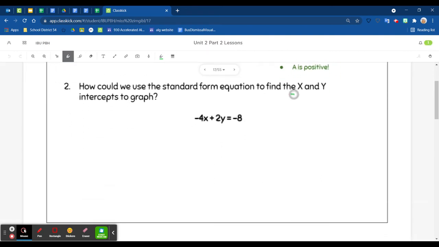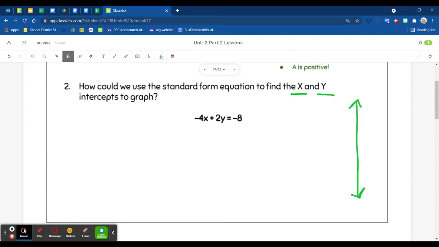The other thing we can do is find x and y intercepts to graph. When I find my y-intercept, I know that it's where I cross the y-axis, and when I cross the y-axis, my x equals 0. Well, the same is true for the x-intercept. The x-intercept is where we cross over the x-axis, and when we do that, our y is equal to 0.